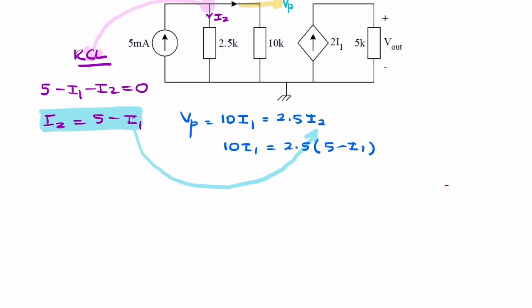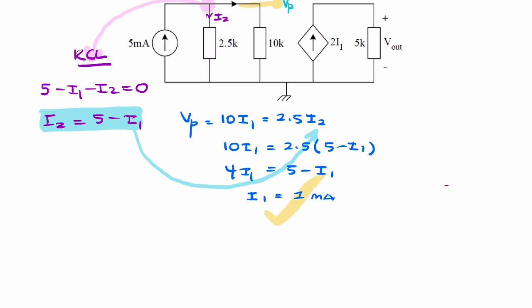We can open the brackets or divide both sides by 2.5. So 4 I1 equals 5 minus I1. Rearranging, I1 equals 1 milliampere. So that's really good. We just found I1.